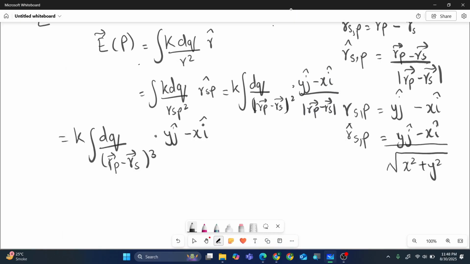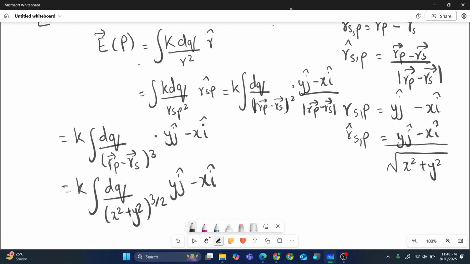Now since the magnitude RP minus RS is equal to under root x square plus y square, I could just simply replace that here, and this is going to be x square plus y square to the power 3 by 2 into yj unit vector minus xi unit vector.